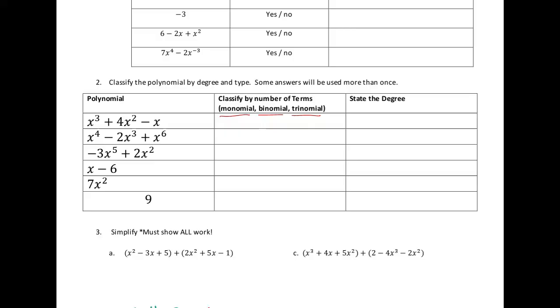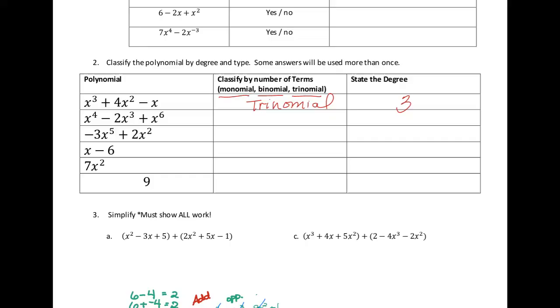So, Dominique, x to the third plus 4x squared minus x, what kind of term is that? Monomial, binomial, trinomial? Trinomial, that is correct. And what is the degree? Who's got the degree? 3. Do I need to write the word there? No, not for that one.